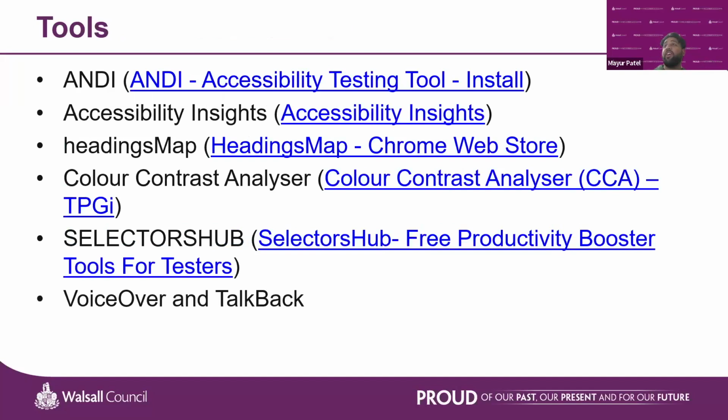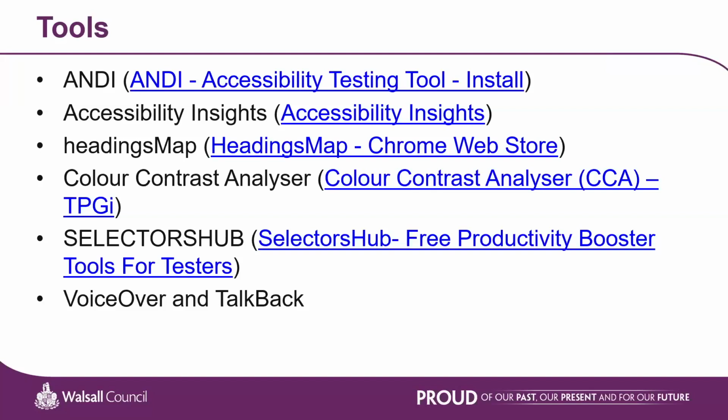And what I did find out were some really interesting tools that I've used in the past. Andy, an amazing bookmarklet, Accessibility Insights, available both as a desktop macOS app as well as extensions. Headings Map, it's one of my lifesavers, so I don't have to go into the DOM. I can just bring out the heading structure directly using this extension.